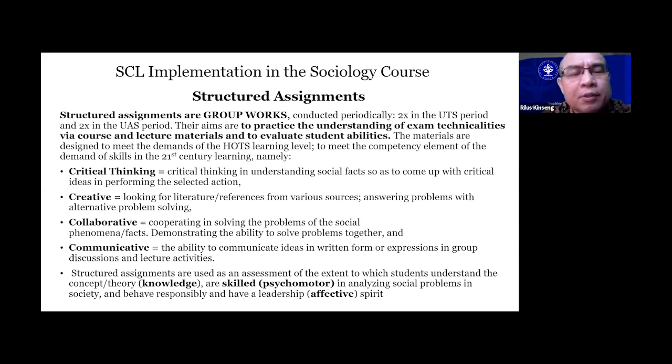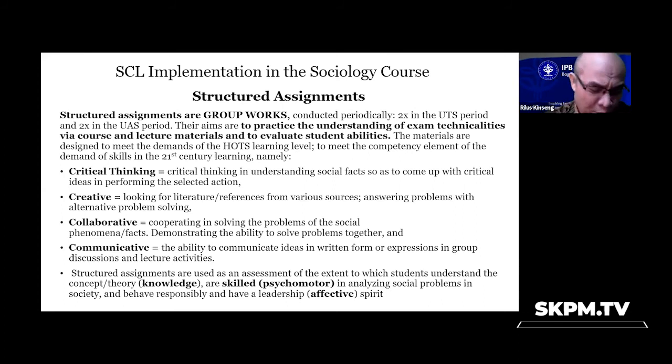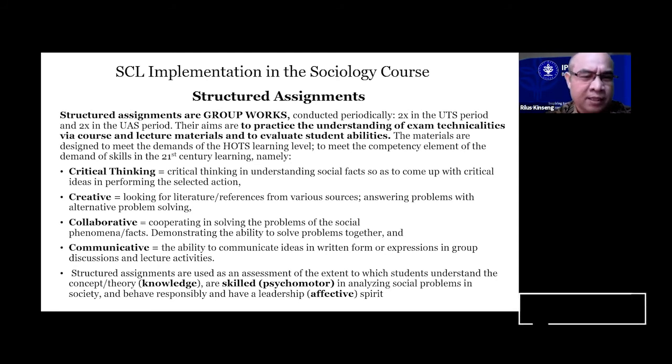Admitted or not, it has some social implication. And then creative: looking for literature references from various sources, answering problems with alternative problem solving. Being creative means you are not thinking in just one rigid way, but you can develop your imagination to find solutions to problems.